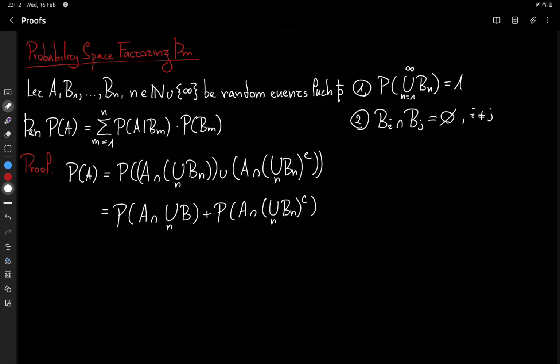So we can ignore the second addend and simply write P of A intersected with the union of Bn.